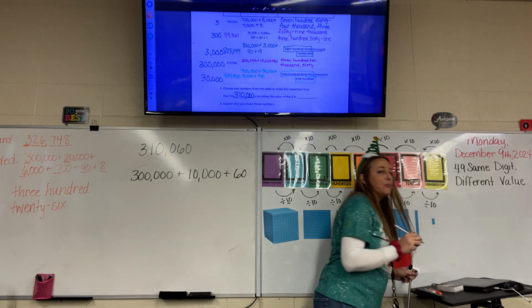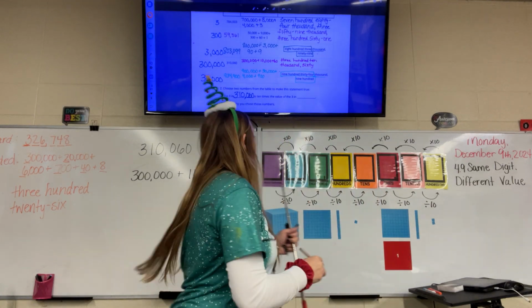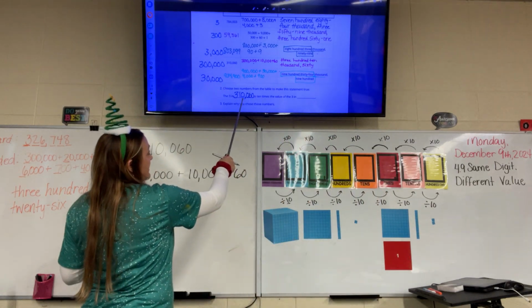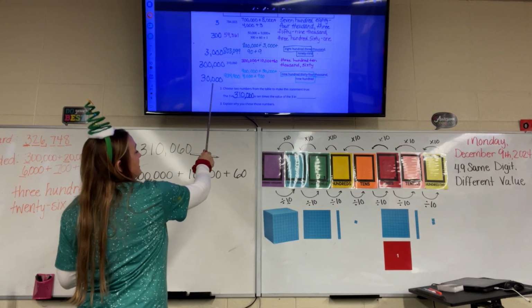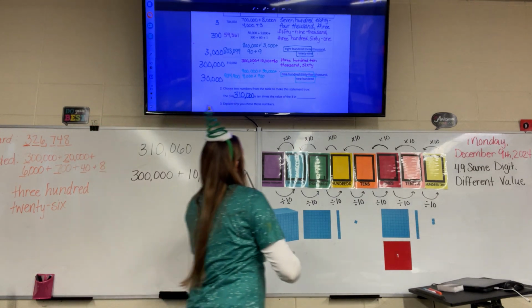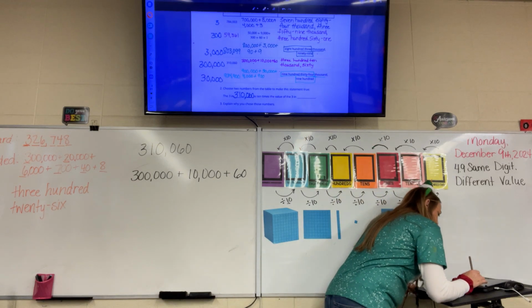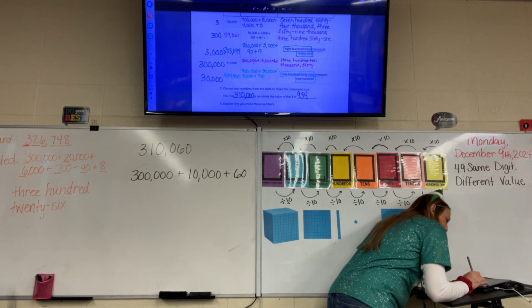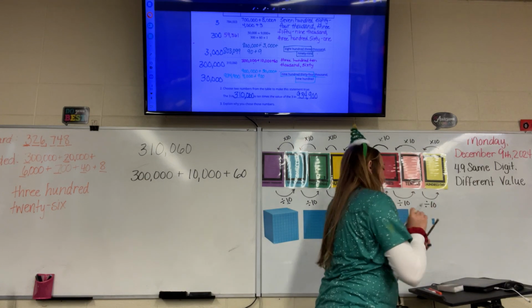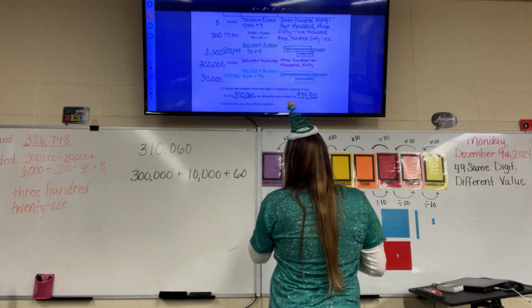The 3 in 310,060 is 10 times the value of the 3 that's here, which is this number, 934,900. Todd, are you getting all this written down? Okay. All right.